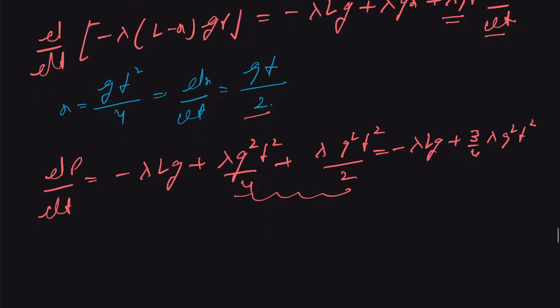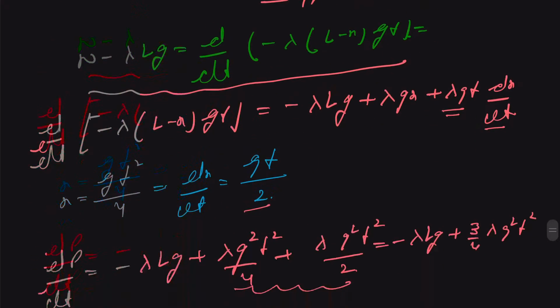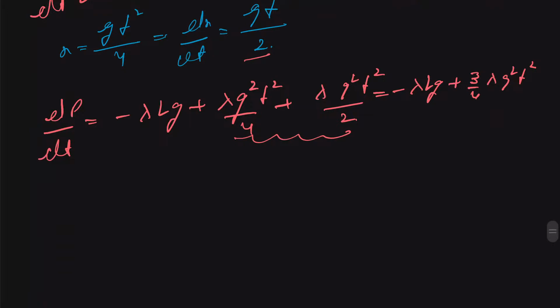Okay. And now we simply substitute it in this part. Therefore we get that our n minus lambda Lg is equal to minus lambda Lg plus 3 by 4 lambda g square t square, and these two terms go away.